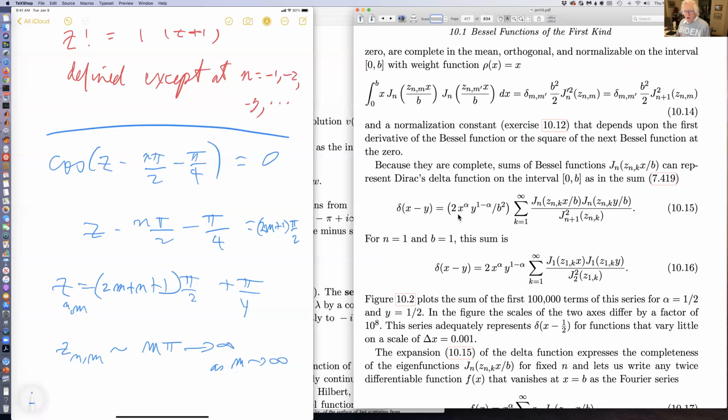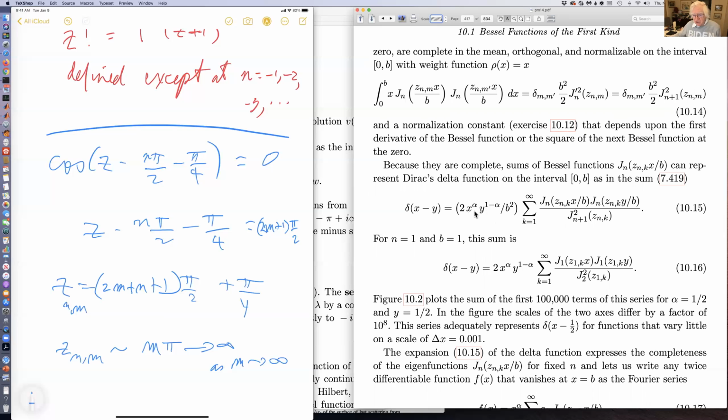Delta of x minus y is then, remember, we can take the weight function to the power alpha at x, and the weight function is just x. So the weight function to the power alpha is x to the alpha, and then we take the weight function at y raised to the power 1 minus alpha. The 2 and the b squared come from here.